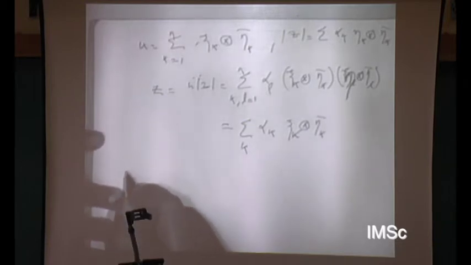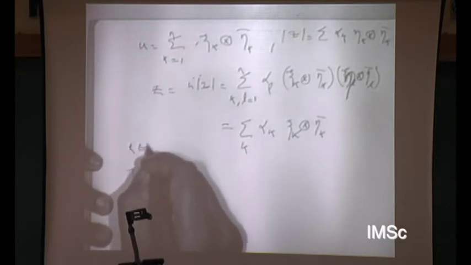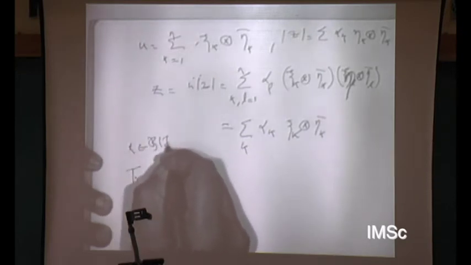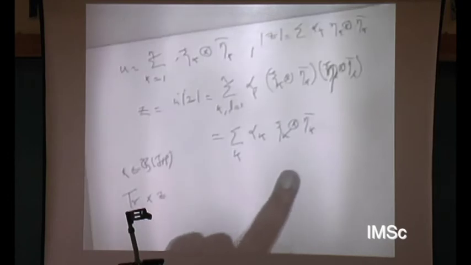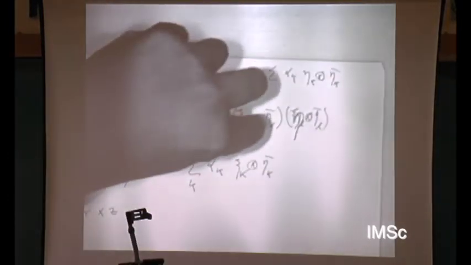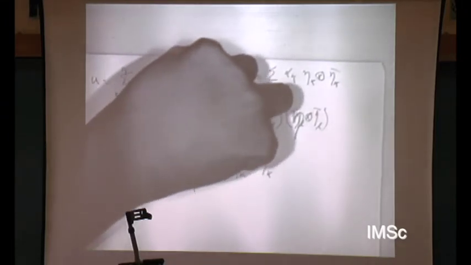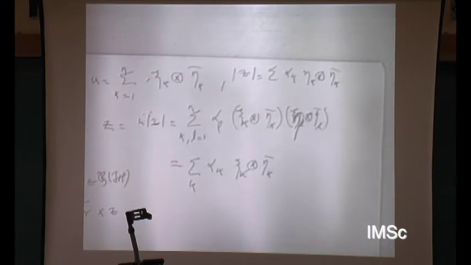And suppose I want to find what the trace of xz is. So I take any x in B of H. Now z is a finite rank operator. So we proved that each of these psi k tensor eta k bars is of trace class, we saw.